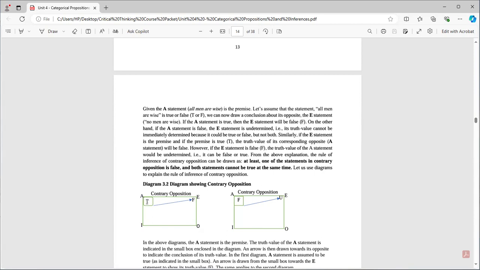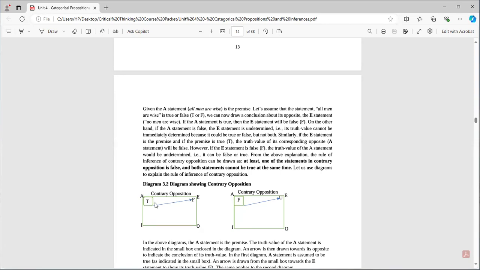When you see the small square here, it means A is our premise. The universal affirmative is our premise, and we are saying A is true. Then you draw an arrow pointing to your conclusion, and you put F there. The one with the small square attached to it is your premise. Within the small square, I have put T, which means my premise is true.